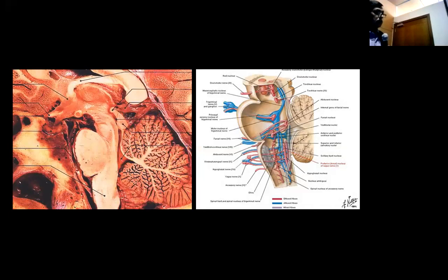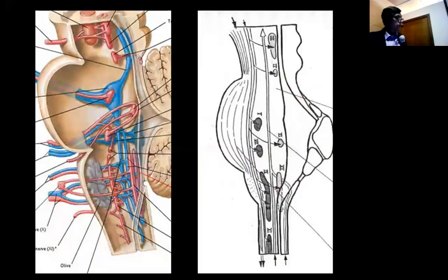Again, the tracts within the brainstem look very complex, very busy. Let's make it easy. The easy thing is to think about it this way. The longer tracts travel in the anterior part of the brainstem, whether midbrain or pons or medulla, while the nuclei of the cranial nerves lie to the back.